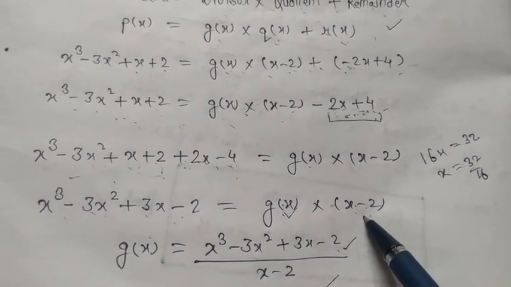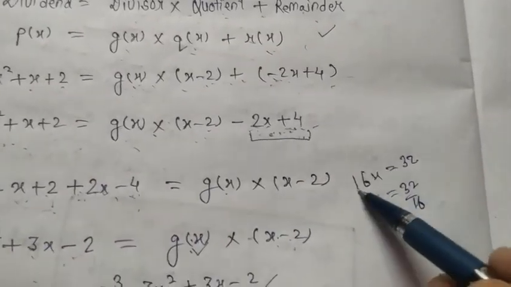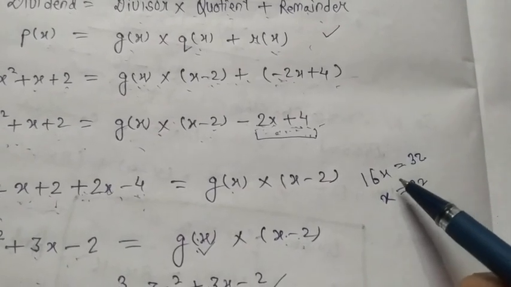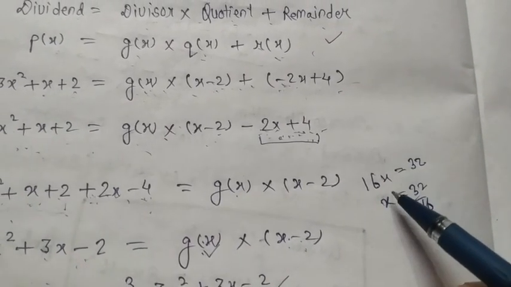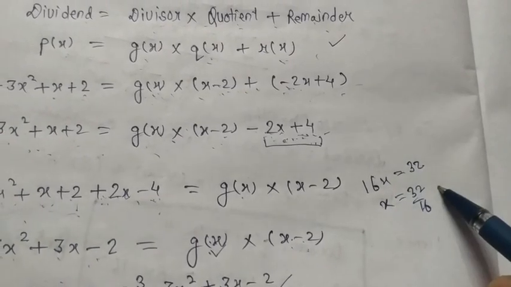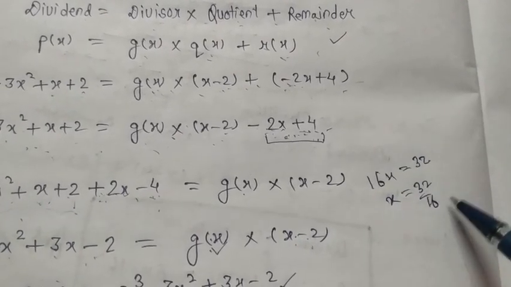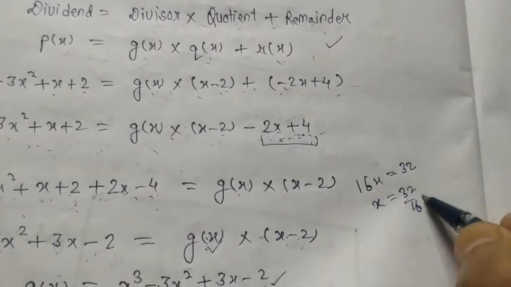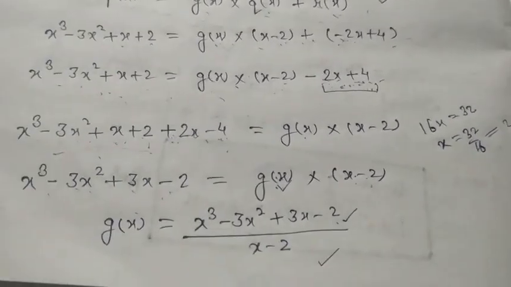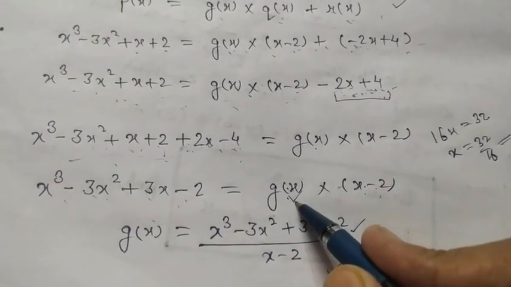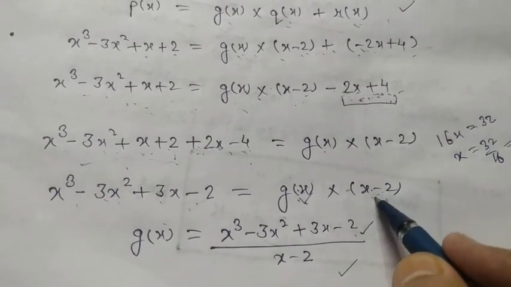Now suppose I give an example, 16x equal to 32, and you have to solve for the value of x. So what you do, you transfer 16 to this side in terms of division, so 32 by 16, that is 2. The same we will do, we have to find g(x) now. So I am dividing this to this side.